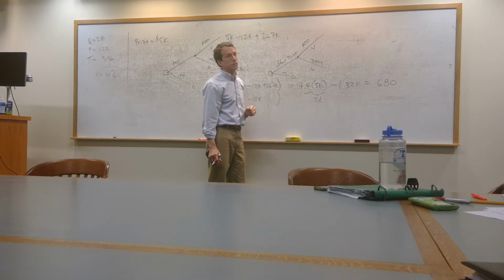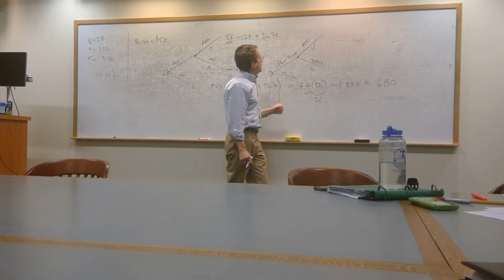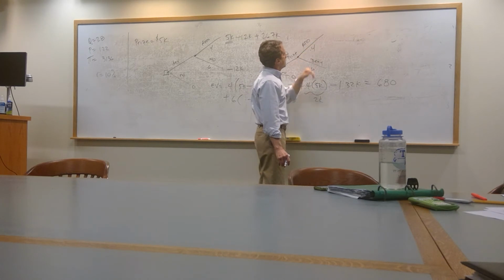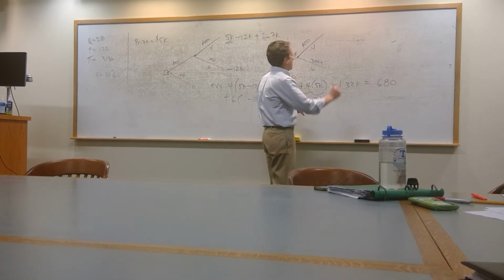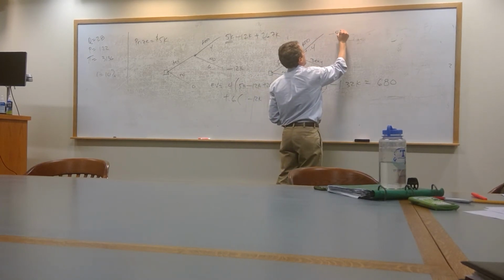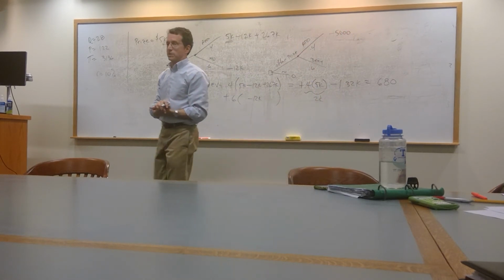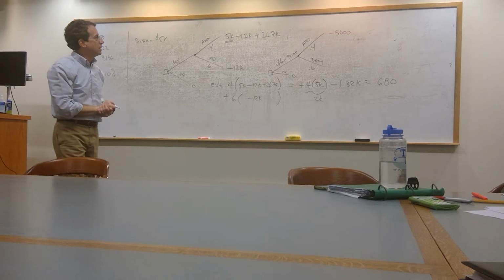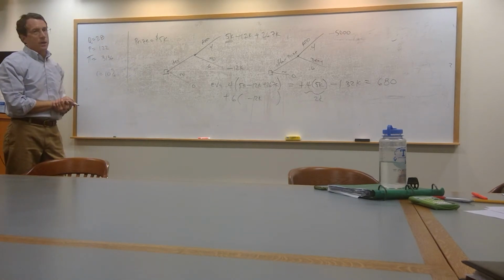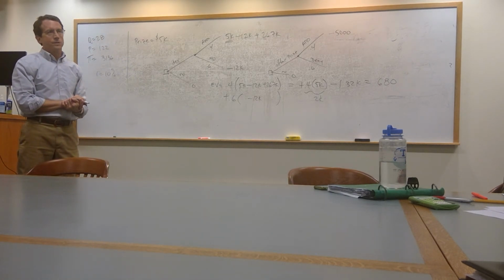So if the firm goes ahead and the government approves the project, then the payoff is going to be minus $5,000 because the government has to pay for the prize. But what does it get?